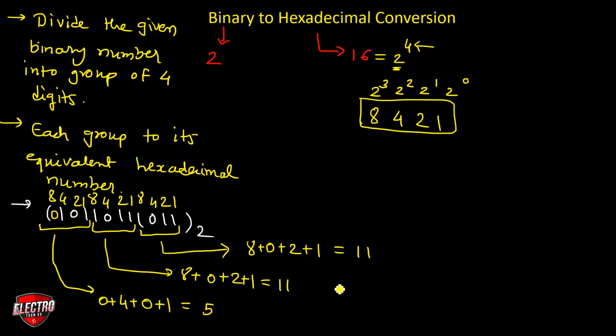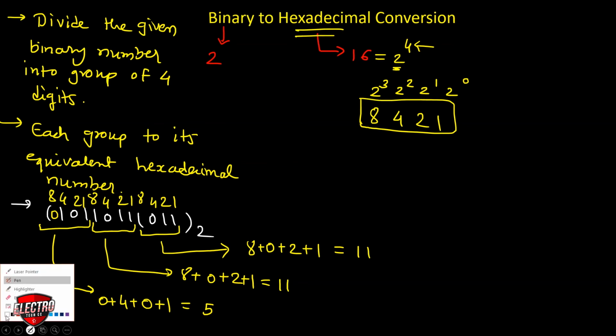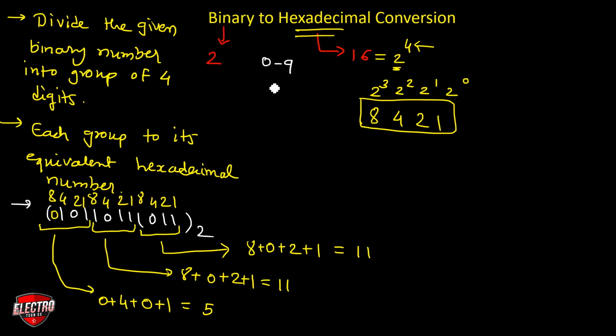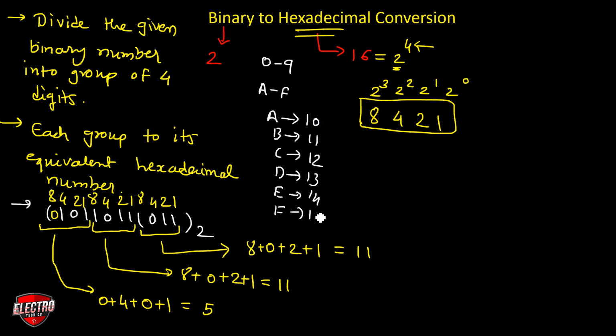Okay. Now, as we discussed earlier, in hexadecimal number, we have 16 different values, in which we have 0 to 9 numbers and A to F, that is alphabets. In A to F, A is equivalent to 10, B is equivalent to 11, C is equivalent to 12, D is equivalent to 13, E is equivalent to 14, and F is equivalent to 15.